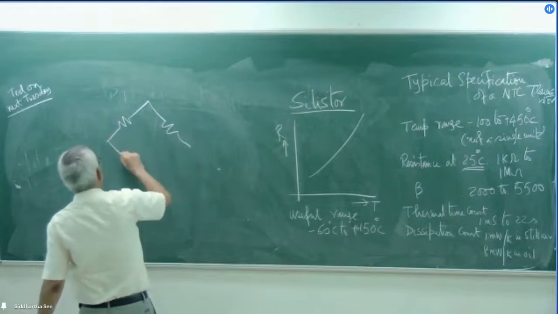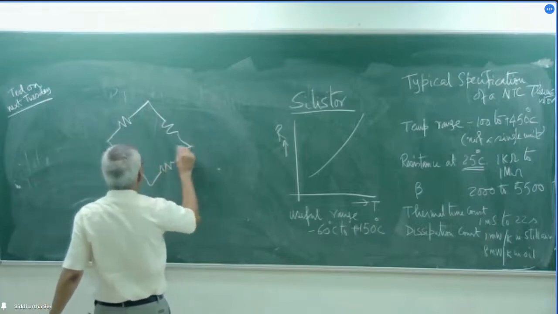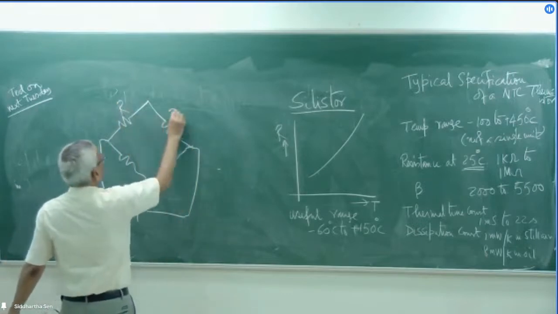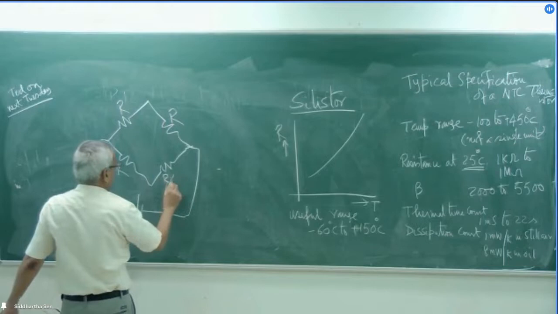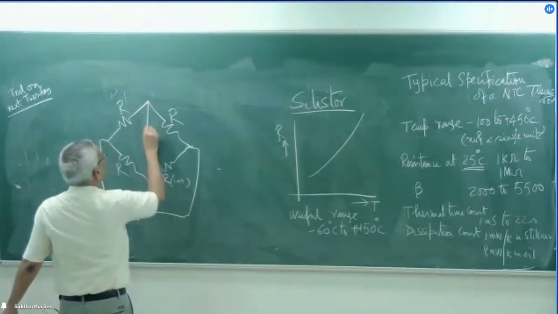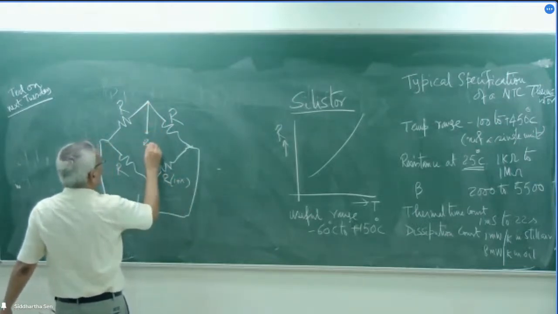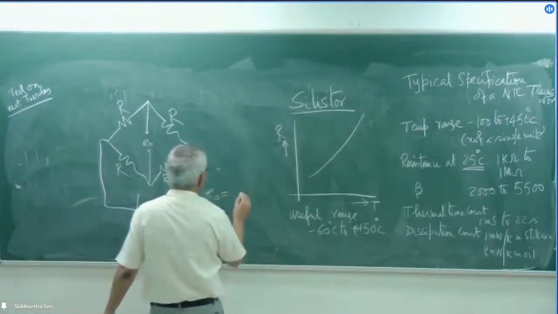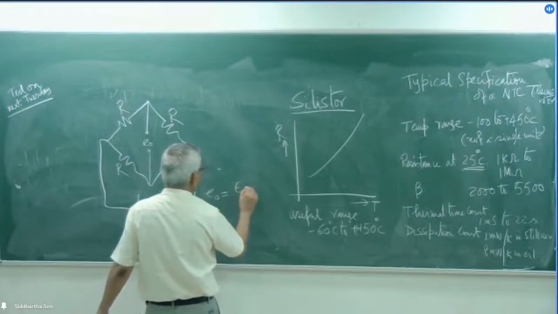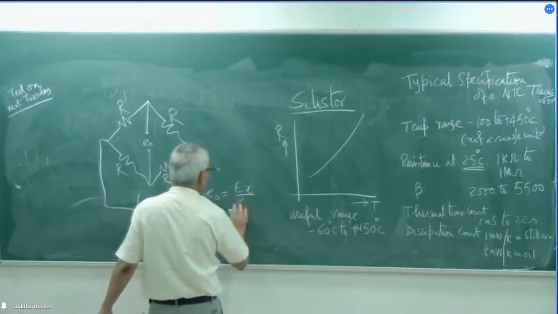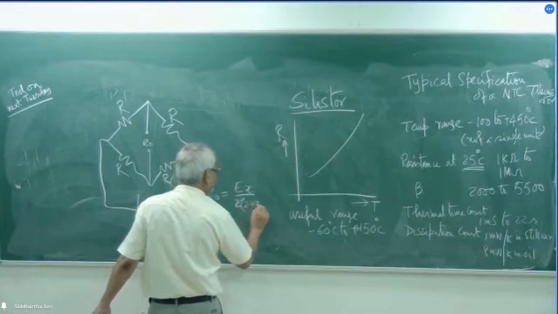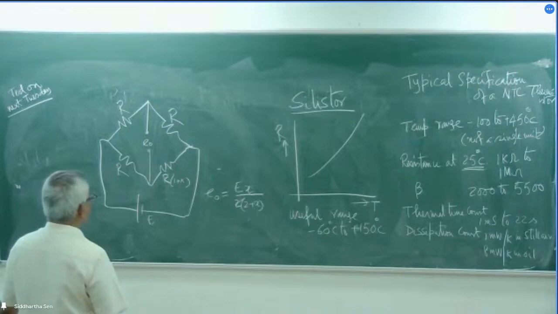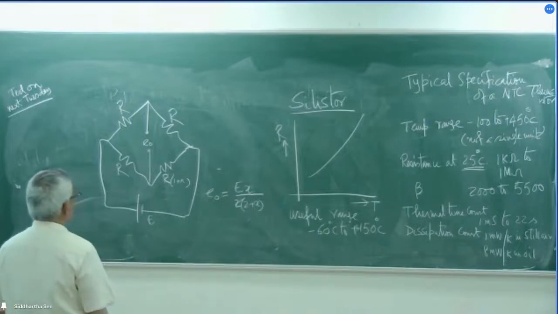Forget about the design example, I put simply R into 1 plus X. And we have seen that E0 is equal to E into X divided by 2 into 2 plus X. If you recall, you will be able to find this out.